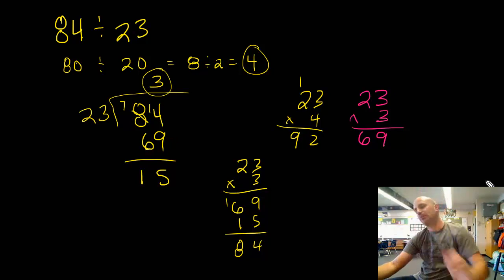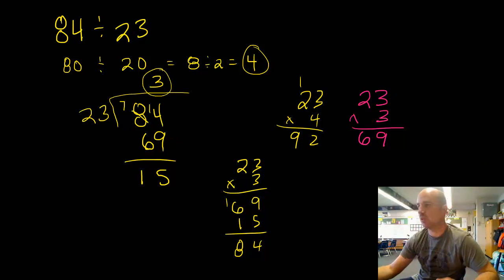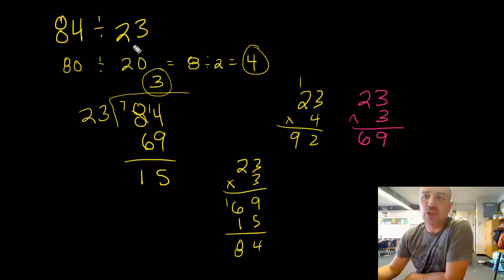So on this one, 3 was correct. I'm going to recap this problem. We rounded 23 down to 20. We said to ourselves, that's a good one, and if I'm going to do that, I need to make something easy over here, and I did 80, and we got an estimated quotient of 4.